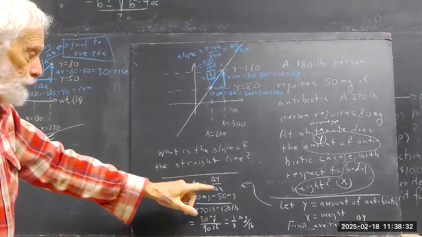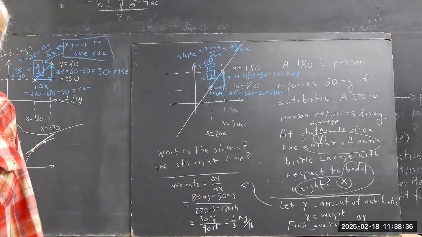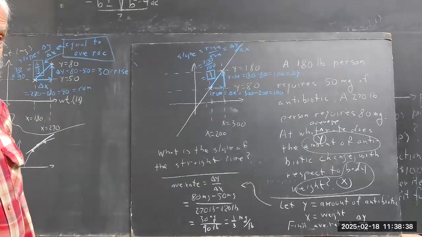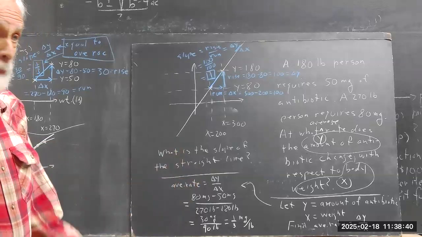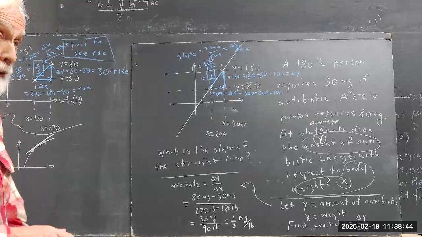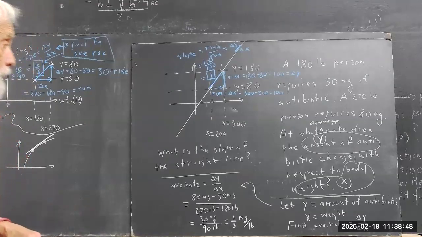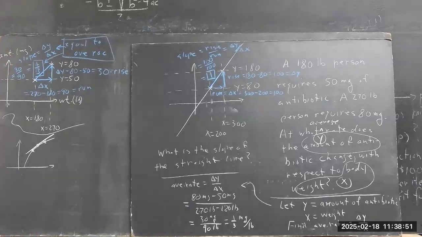Average rate is a change divided by, it's not y over x, it's a change in y divided by change in x. Okay. Sometimes y over x is important too, but it's not an average rate of change. It's not a rate of change in any sense except one very special sense. All right, well, very good.